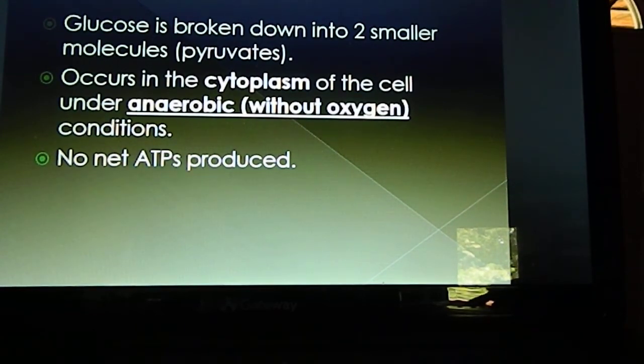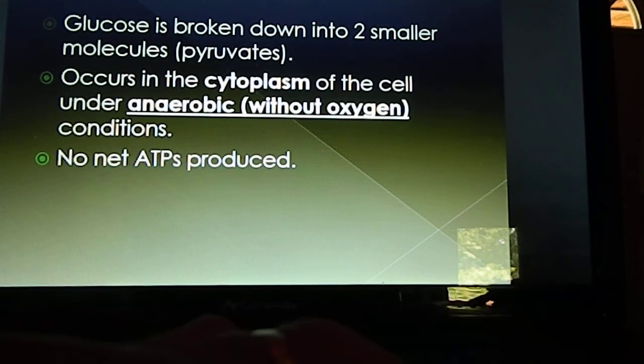And when all said and done in glycolysis, there's no net ATPs produced. So the first step of cellular respiration doesn't generate any ATPs.